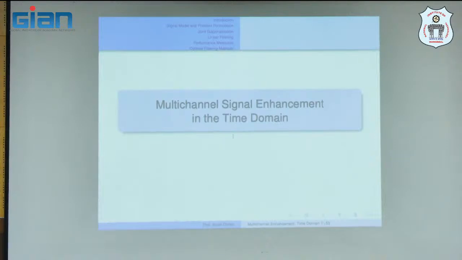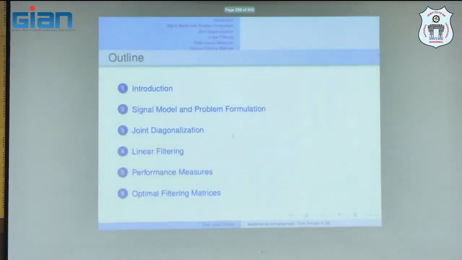Okay, so if we have multi-channel, it means that we have more than a single sensor. We measure signals in multiple sensors. So we said that for single channel, we have the single channel model, and we will extend it to the multi-channel model.